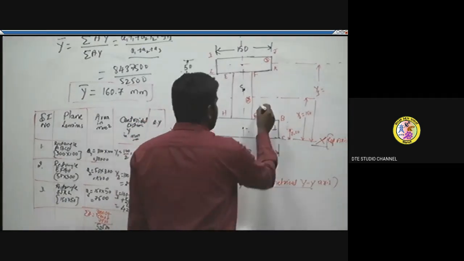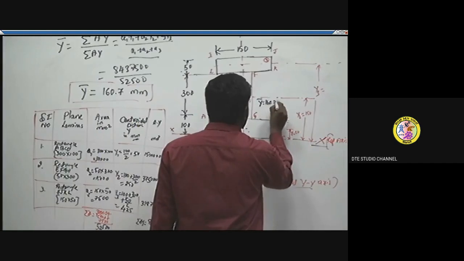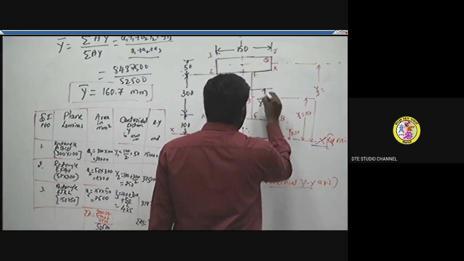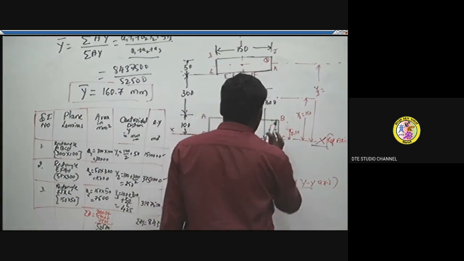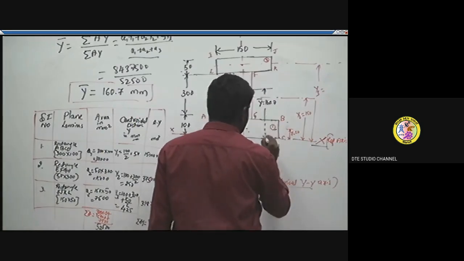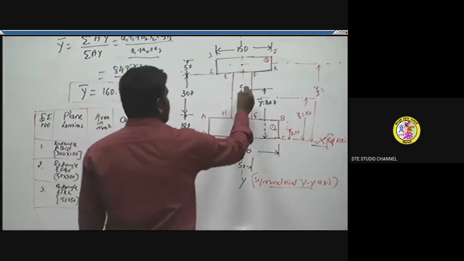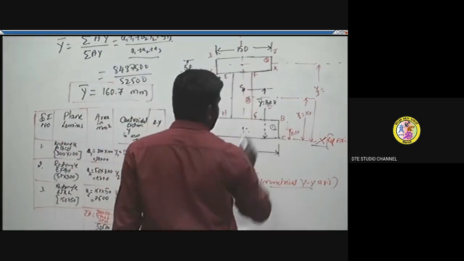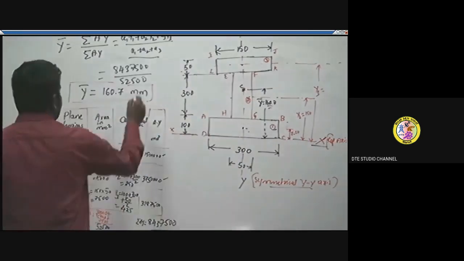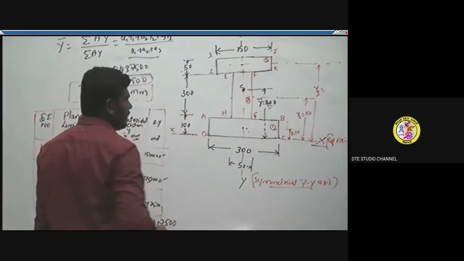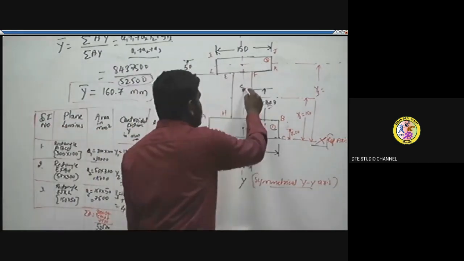For this I section lamina, I'll write y bar is equal to 160.7, at that distance with reference to the bottommost axis. So this is the point. At 160.7 mm about its y axis, the whole area, that is 52,500 mm square of area of this I section, is assumed to be concentrated at this particular point.